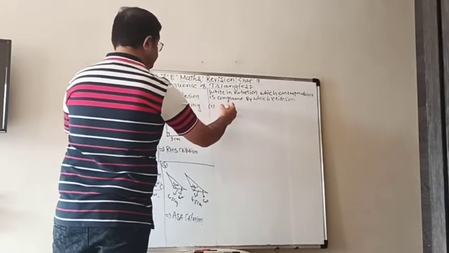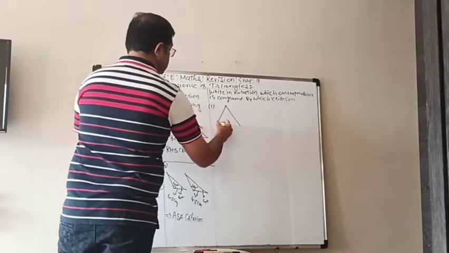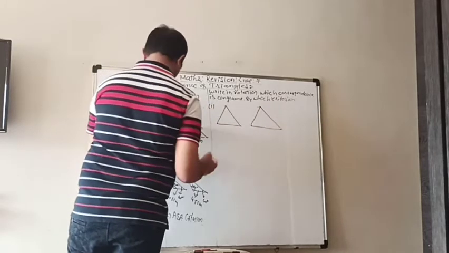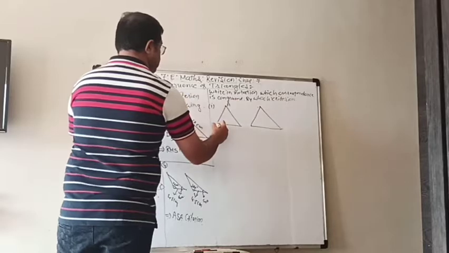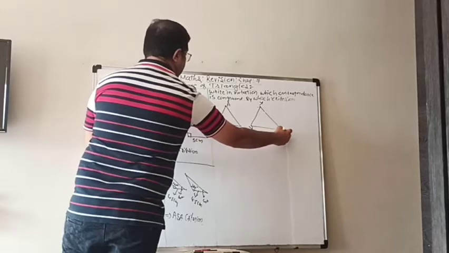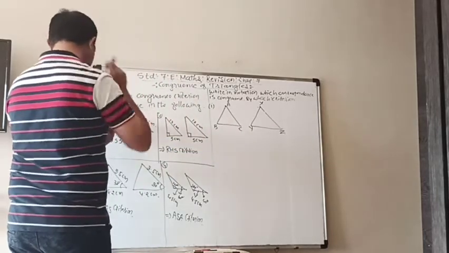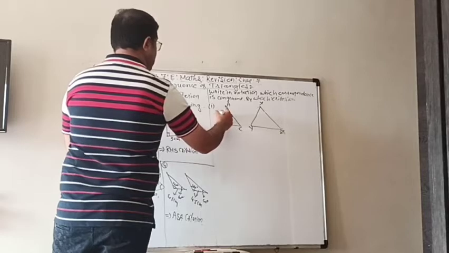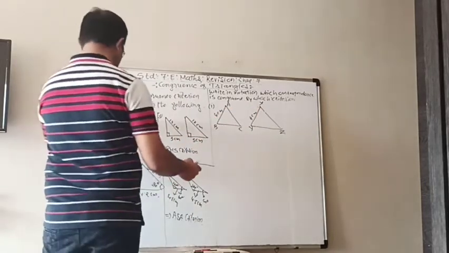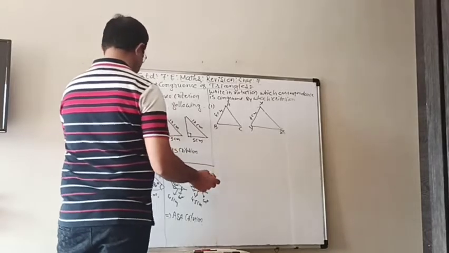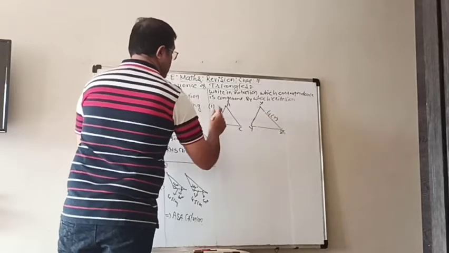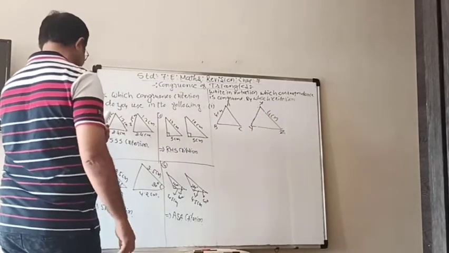First one is triangle ABC, triangle XYZ. 4 centimeter here, 4 centimeter, 4 centimeter.